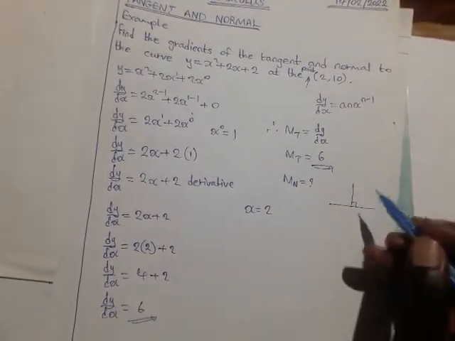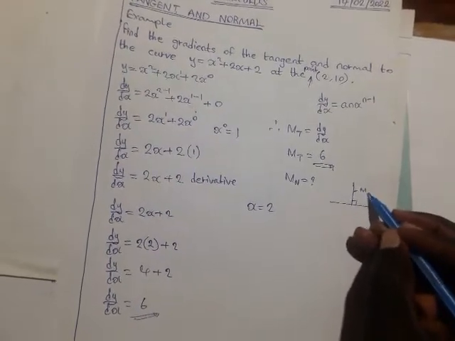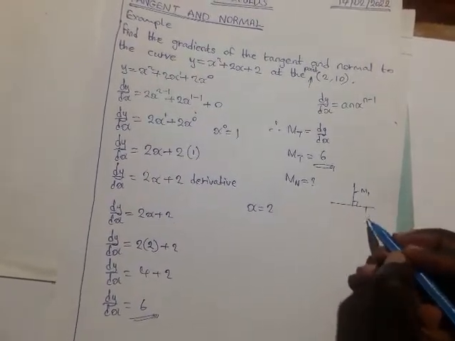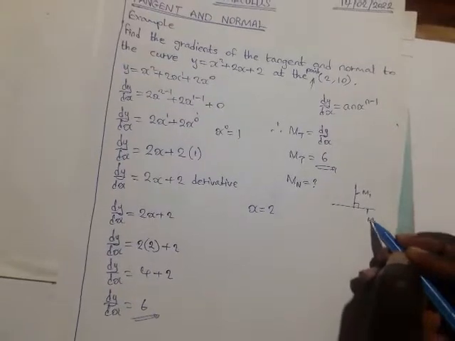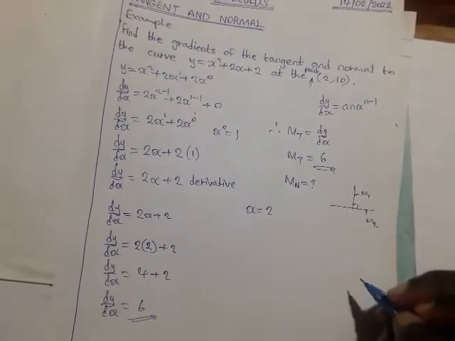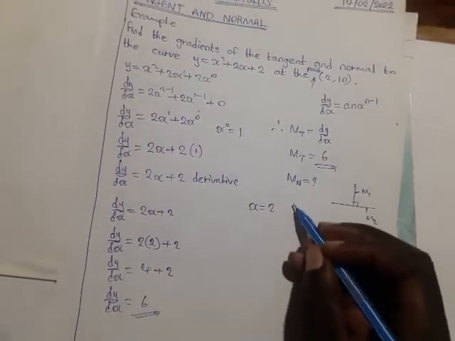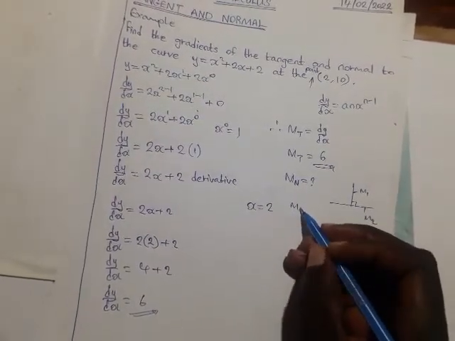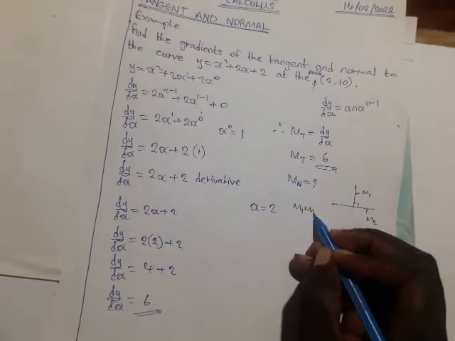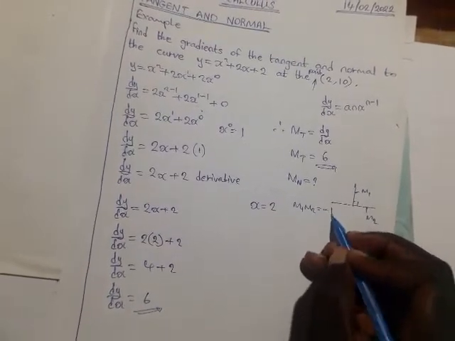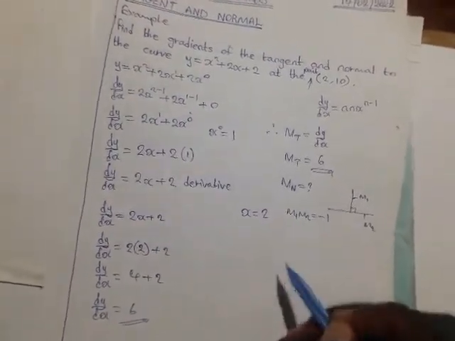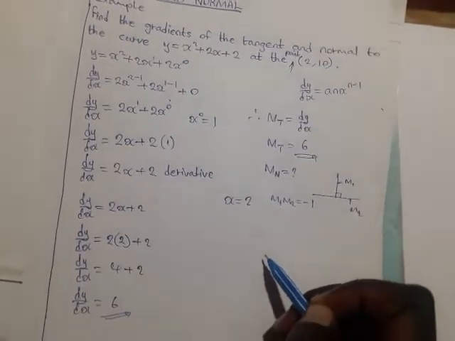So when we have m1 and m2, if we multiply the two, their product should give us -1. So what I mean is m1 times m2 should be equal to -1, from the coordinate geometry knowledge.